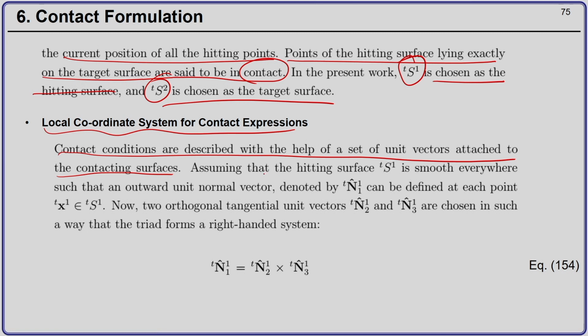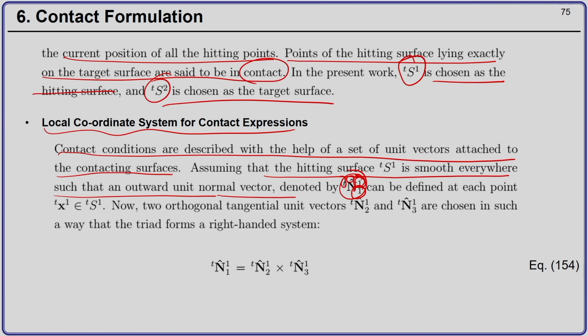So, assuming that the hitting surface is smooth everywhere, such that an outward normal is denoted by n hat 1 superscript 1. The superscript 1 shows body 1 and the subscript 1 shows the direction. So, the one direction is always taken as the normal direction. N hat, so hat shows it is a unit vector and t denotes here that it is at time t.